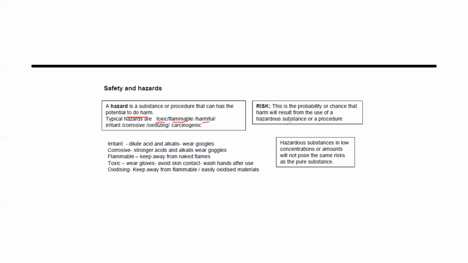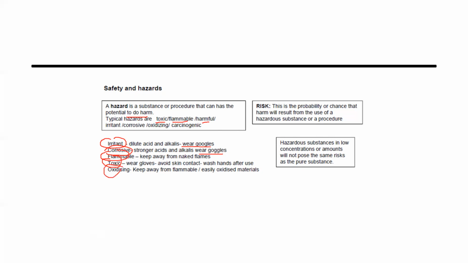It will be there. For example, if something is an irritant, like dilute acid or alkali, you can wear goggles. If something is corrosive, you can wear goggles as well or use gloves or a lab coat. If something is flammable, keep it away from naked flame. If something is toxic, wear gloves, avoid skin contact, wash hands after use.